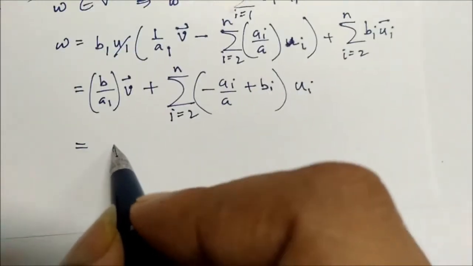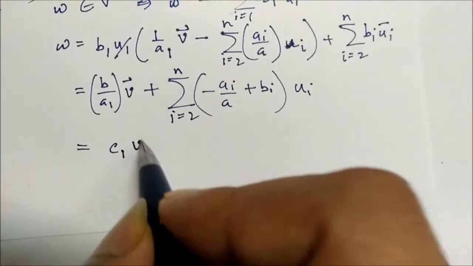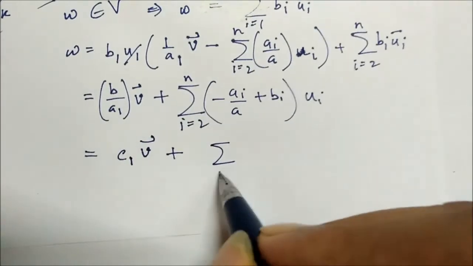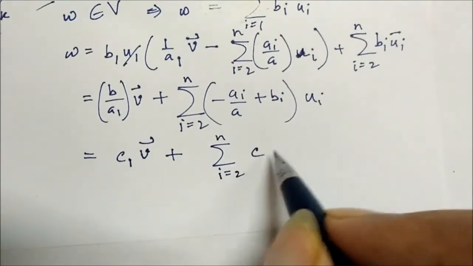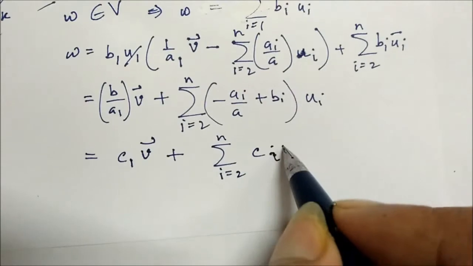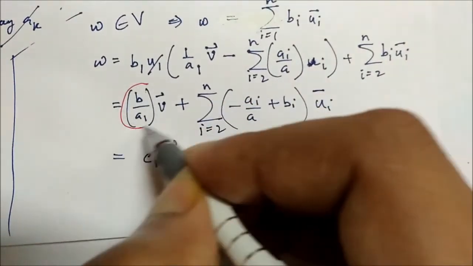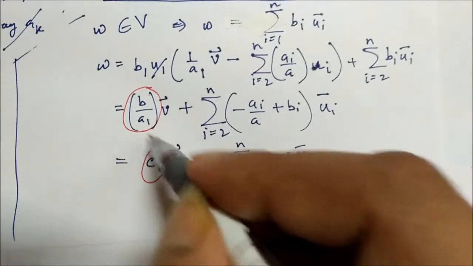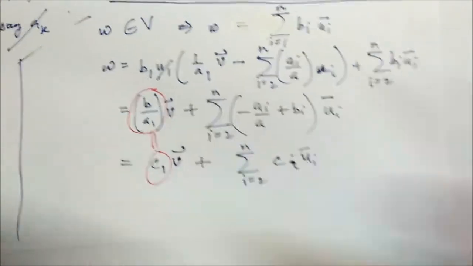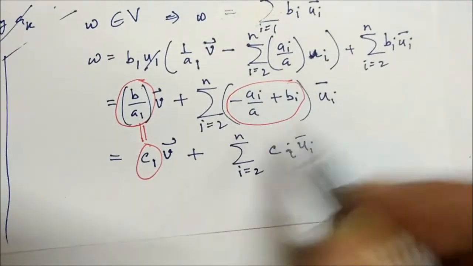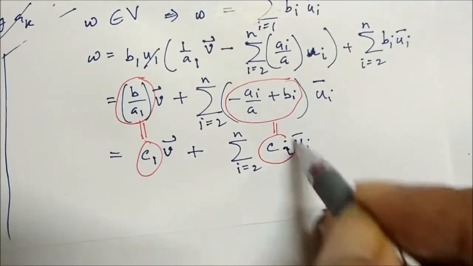Now, any better way of making them look nicer? Yes. Let's write c1 v vector plus summation i equals 2 to n of ci ui, where what we have done is basically named this b1 by a1 as c1, and each of these things we have named ci.